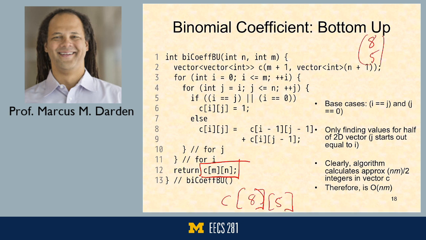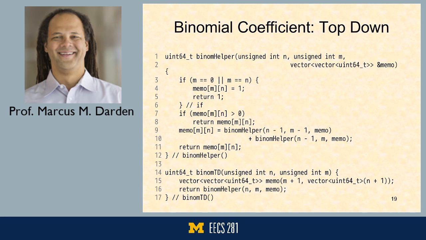So let's figure out how this one works. Here's this binomial coefficient helper, and what this one is going to do is calculate this binomial coefficient and stick it in a memo. So just like we had on the previous page here, you can see rather than returning this bad recursive call, this is a recursive one that's going to go top down.